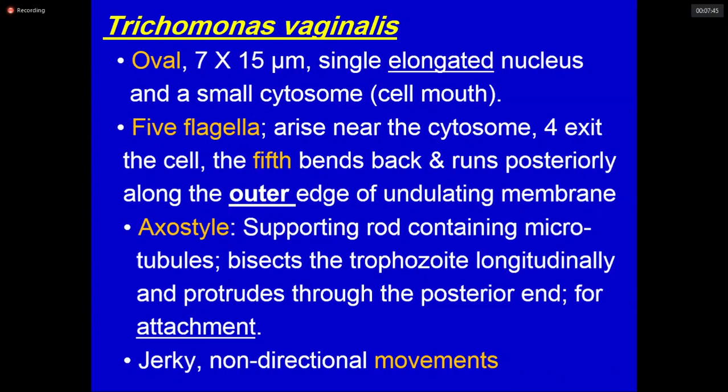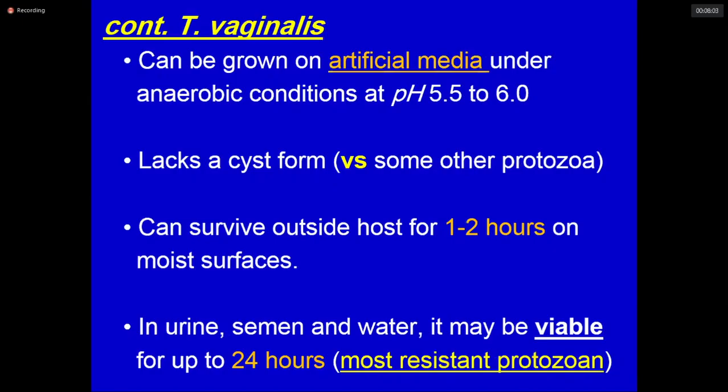Jerky, as if jumping, moving in different directions, not going forward or to the side, but haphazardly. Trichomonas vaginalis can be grown on artificial media under anaerobic condition and at acidic pH between 5.5 and 6.